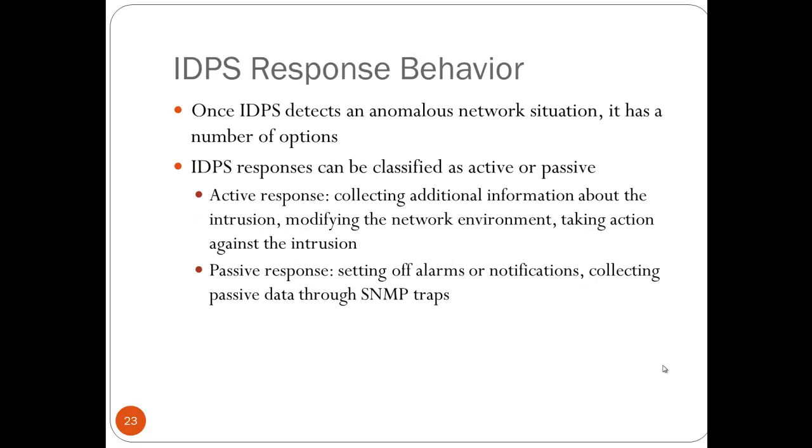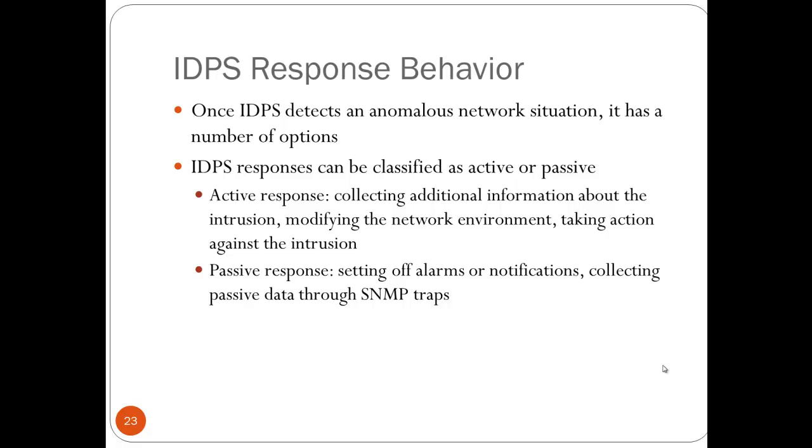Once the intrusion detection system identifies some sort of anomalous network situation, it has a number of options depending on the policy and the objectives of the organization that has configured it, as well as the capabilities of the system. The responses can be classified as active or passive. An active response is one in which a definitive action is initiated when certain types of alerts are triggered. Passive response options simply report the information that they have collected and wait for the administrator to take action.